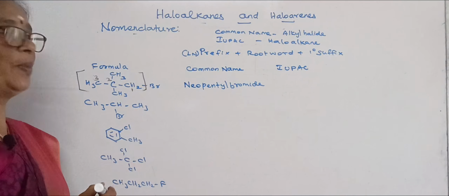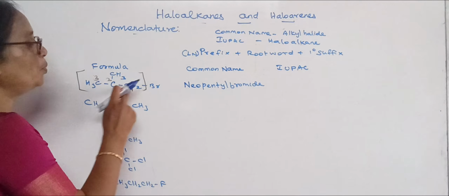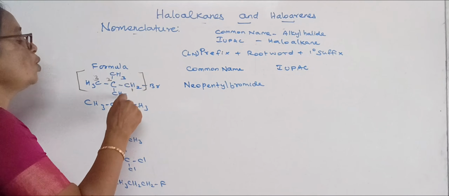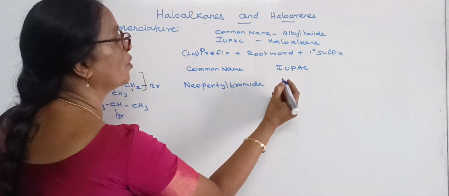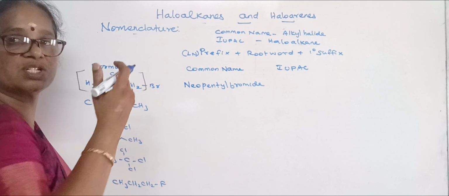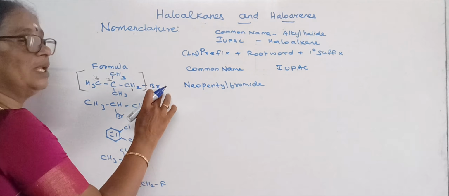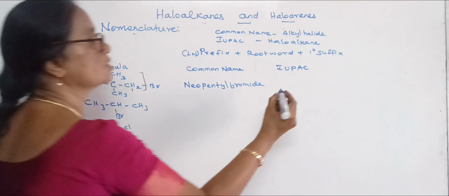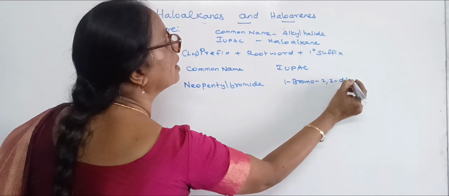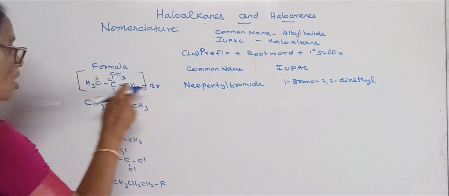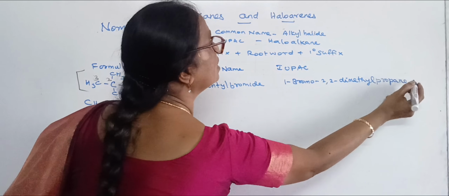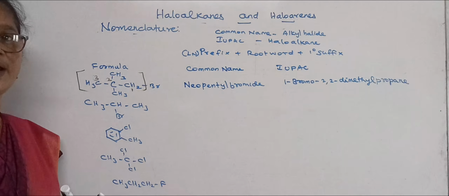For the IUPAC name, the first position has bromine and the second carbon has 2 methyl groups. When we find more than one substituent, we should follow alphabetical order, so bromo comes first followed by methyl. So the name is 1-bromo-2,2-dimethyl, and the longest chain has 3 carbons, so propane. This is the IUPAC name of neopentyl bromide.